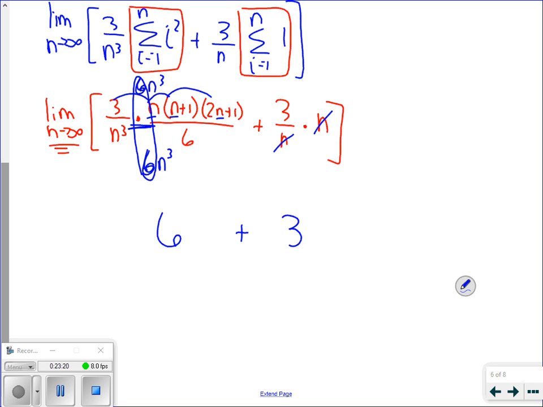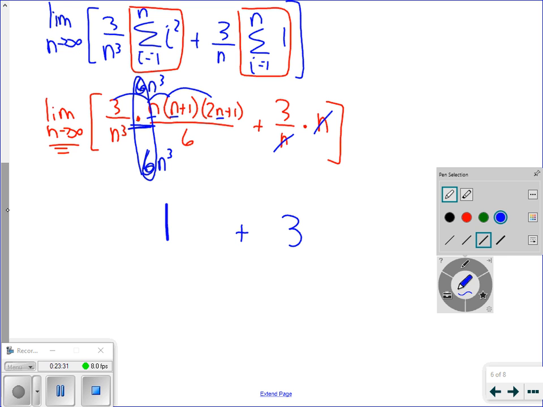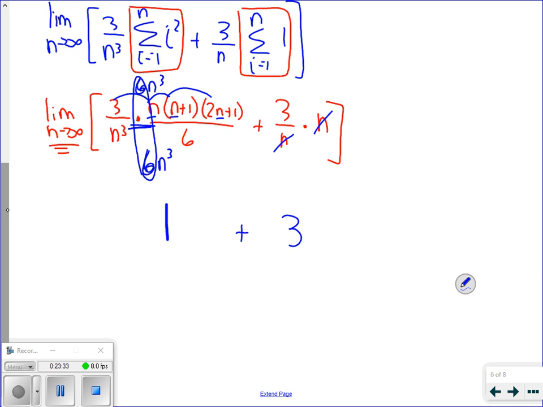Not 6. 6 divided by 6 is the leading coefficient. I don't know why I just wrote 6. I'm sorry. 6 divided by 6 is 1. There we go. So the limit of this entire thing here is equal to 4.